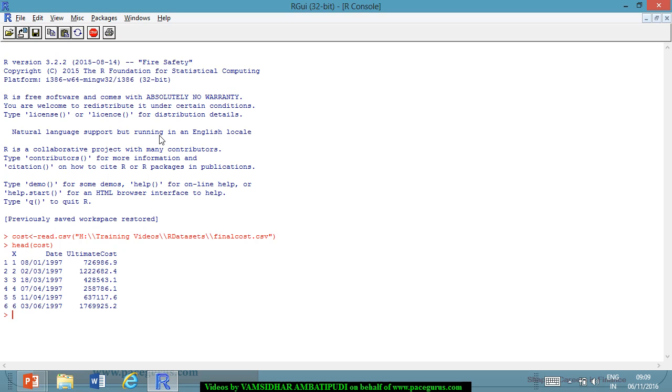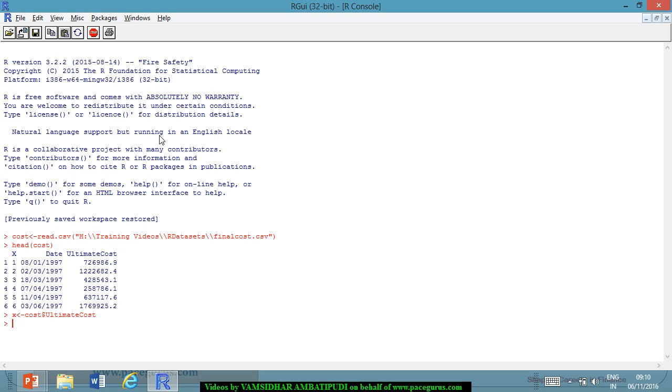I am only taking the ultimate cost here for our workout. So let me take a small variable x, which I am taking as cost dollar ultimate cost. I am taking only this column and ignoring all other things.